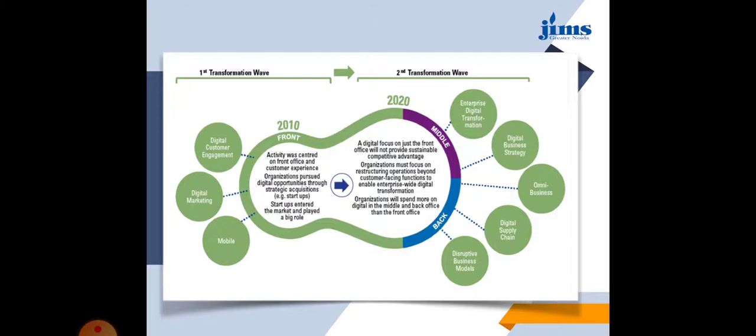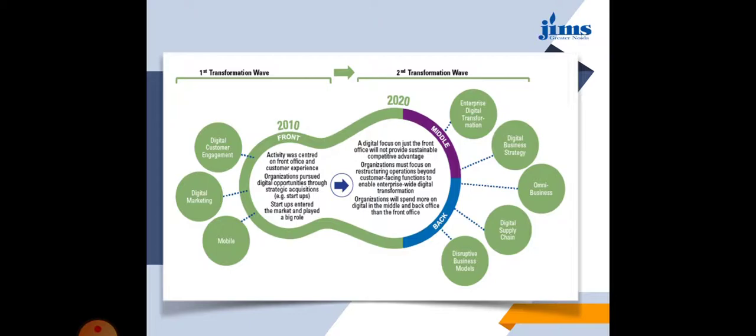Organizations tried to avail some kind of digital opportunities through strategic acquisitions, that is, some strategic and new startups, right? So startups entered the market and played a big role in the first transformation wave, which was in 2010. Now let's see what developments there were when the second transformation wave came, that was in 2020.